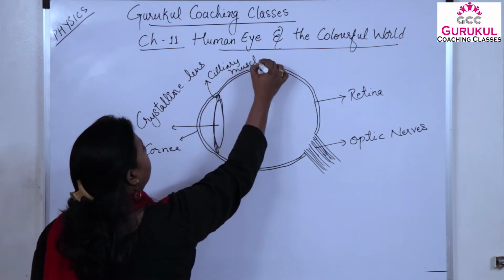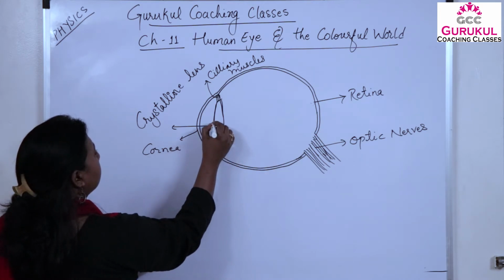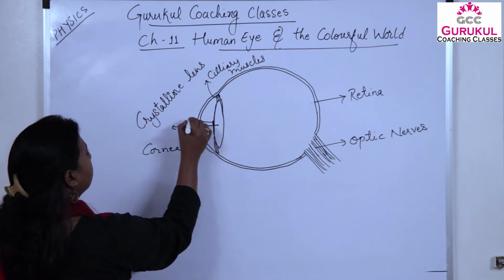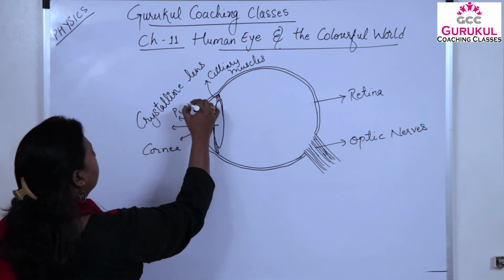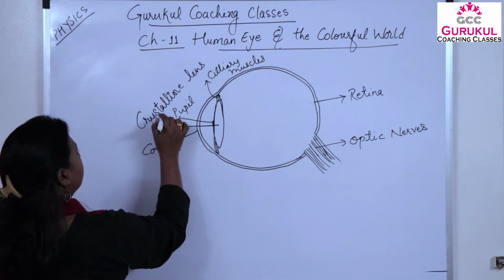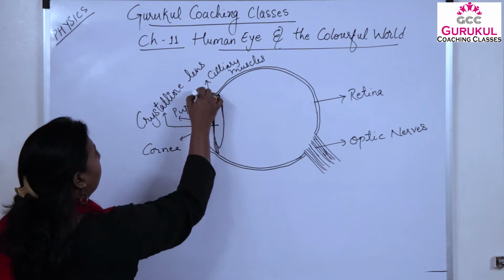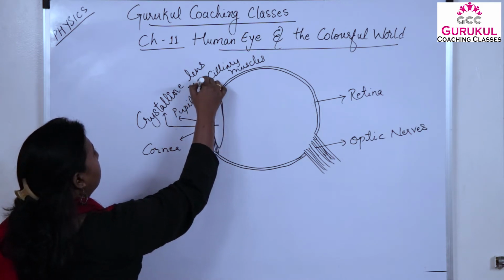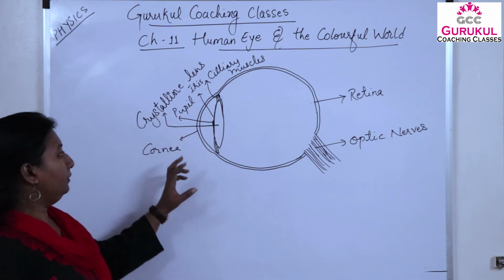Ciliary muscles. Pupil and iris. So we can say these are the different parts of the human eye, right?